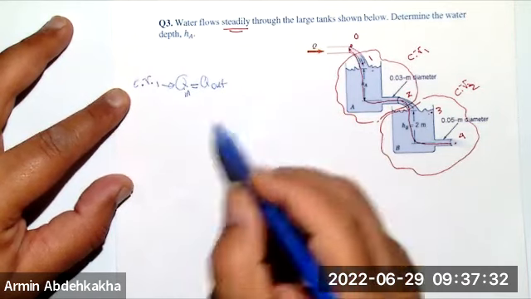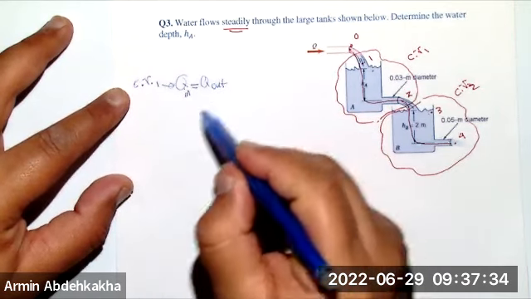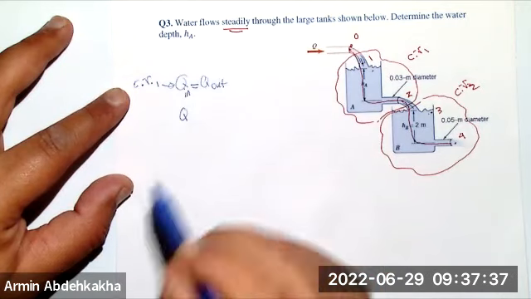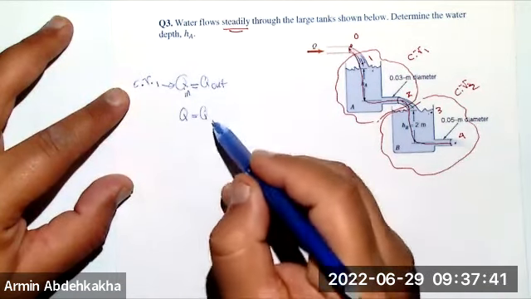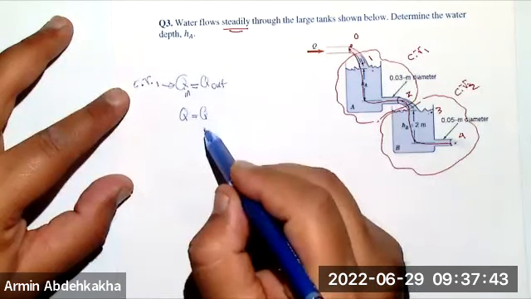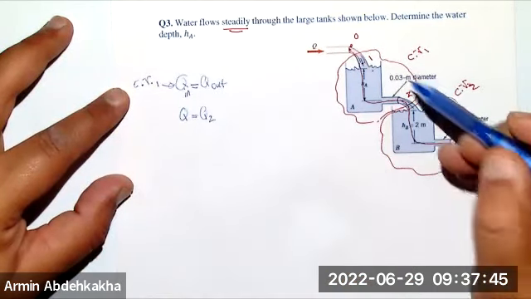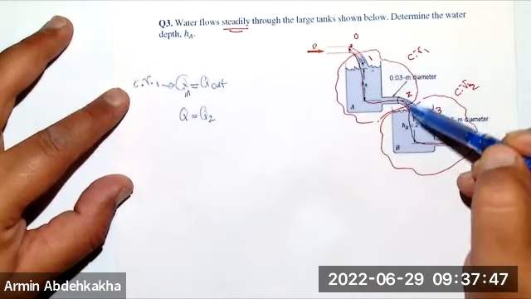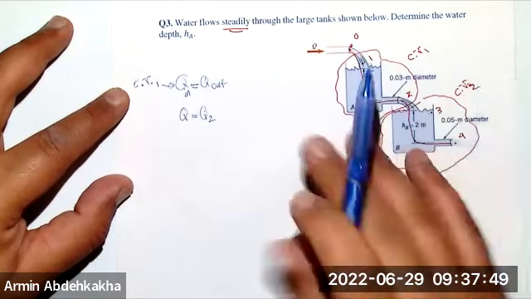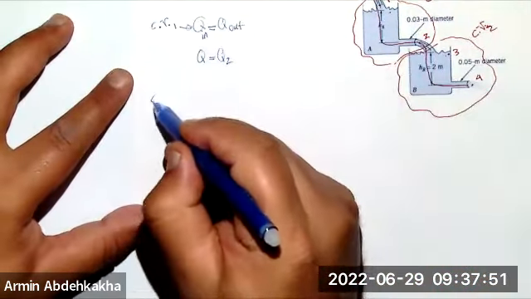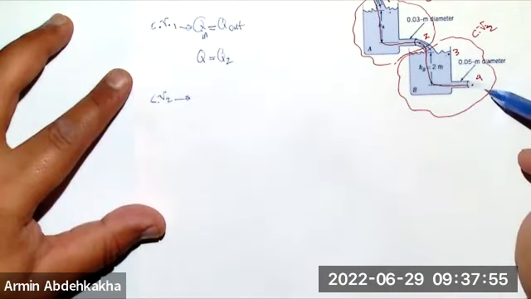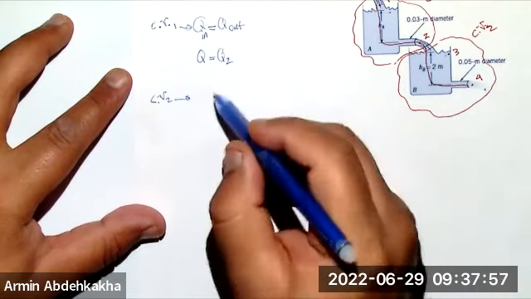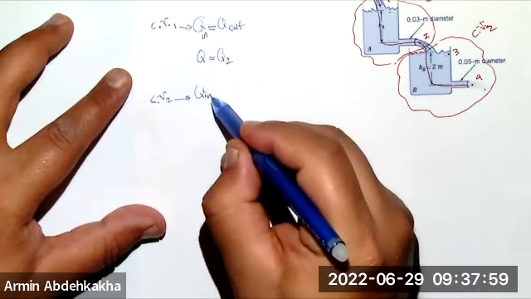Okay, then I can write down that Q at point 2, so here is Q2, is equal to Q, right? In control volume 2, I can write down that Q2 is equal to Q4, because Q in and Q out should be equal.